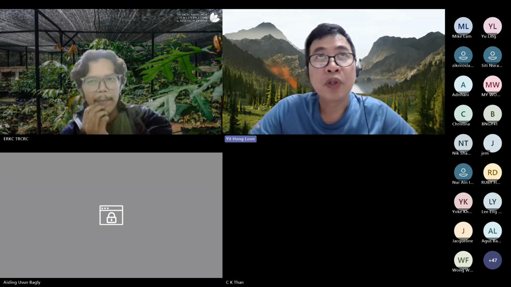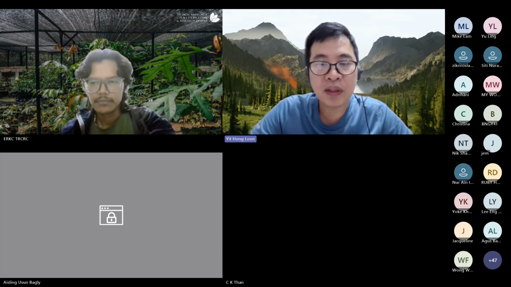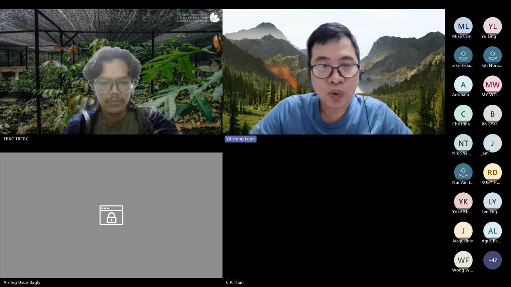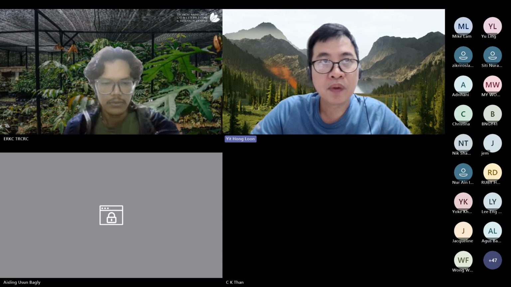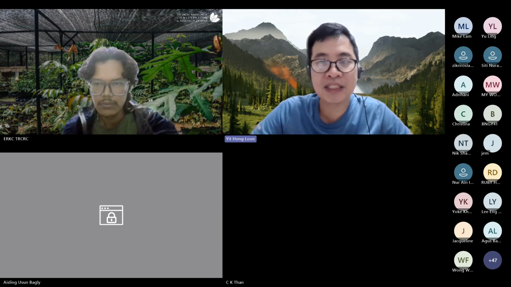We need proper lab equipment like DNA sequencing and microscopic analysis, to look at the spores and the tissue of the mushroom, to properly identify a mushroom at the species level.